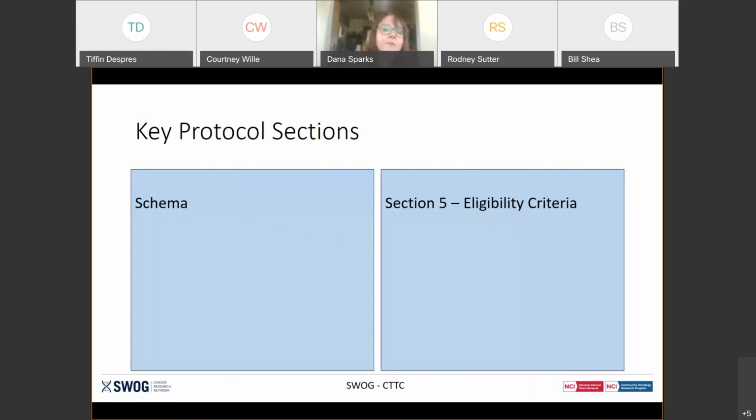Section 5 will always be the eligibility criteria for a trial, so it's really critical to become familiar with Section 5 as how it relates to your patient on any particular protocol that you're working with. Next slide.